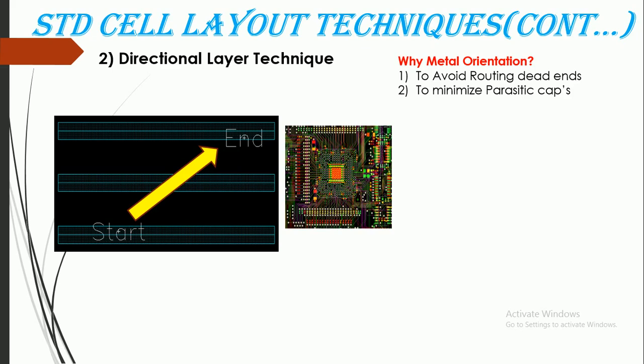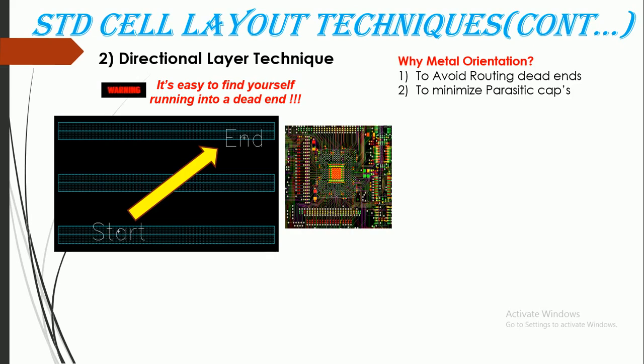If we are not following some rules like directional layer techniques, we will get into a dead end and it's difficult to come out of it, and we are not sure where we are going.